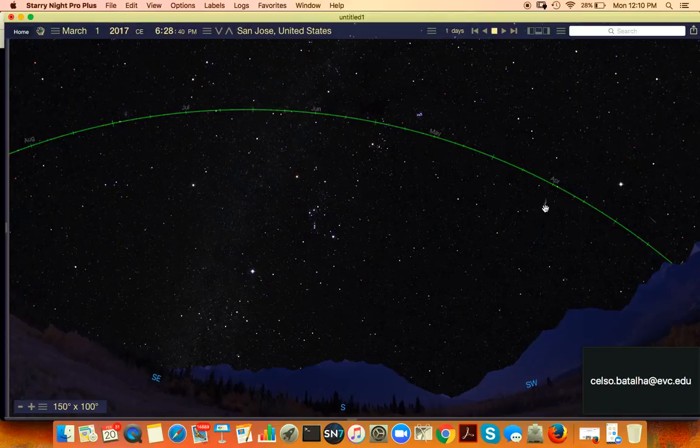And this is March 1st. Okay, so that's so much for the moon. The moon is going from a waning phase, being west of the sun, to a waxing phase, being east of the sun, in the next few days, and we will not be able to see the moon very well in the sky.